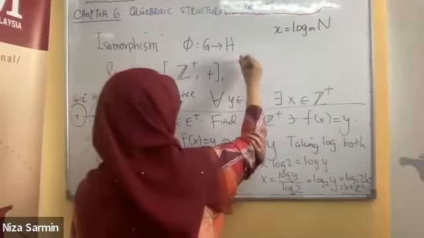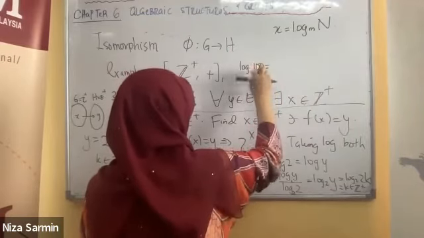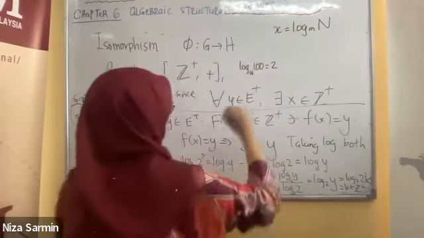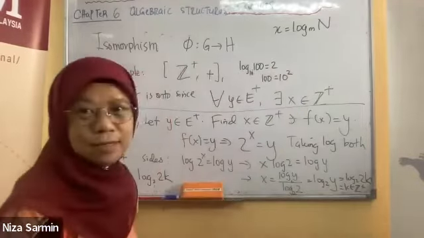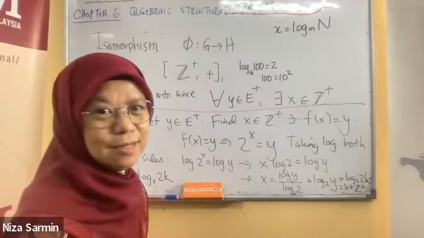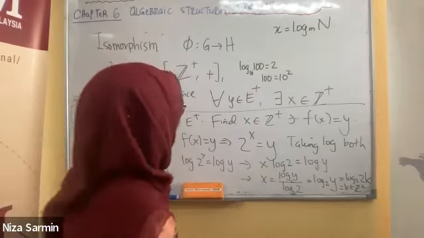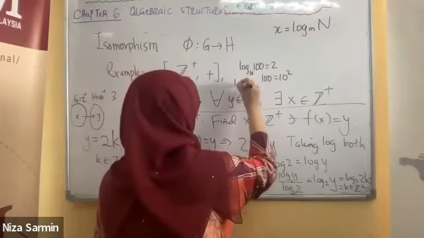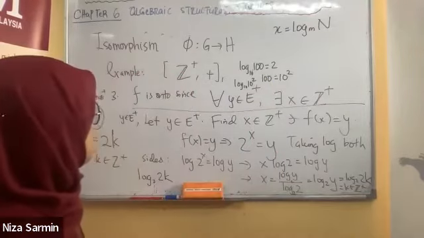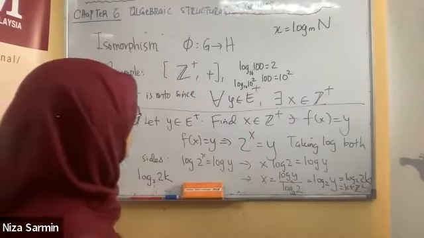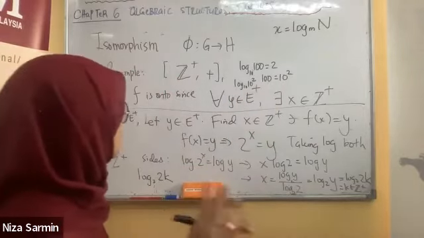All I remember is log 10 of 100 is 2. This is 100 is 10 squared, right? Is it right? You remember, okay. Because this is log 10 of 10 squared. And then log 10 of 10 squared is 2, or we can write also like this. Okay, so this is right.